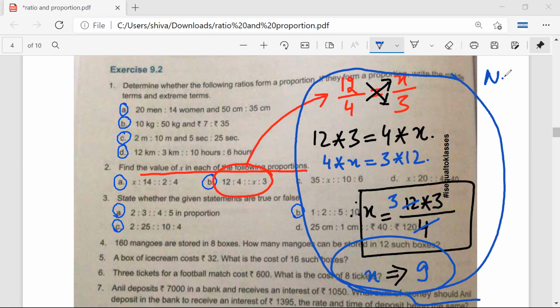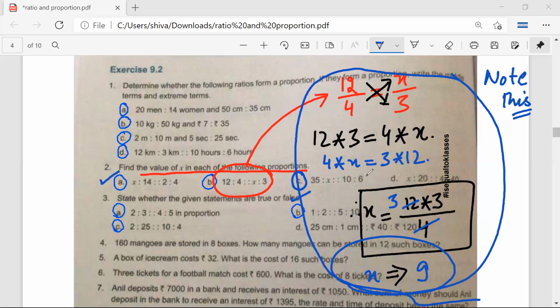Once you have noted this, you need to do question number 2 A part and C part. Will you be able to do this? Yes, sir.